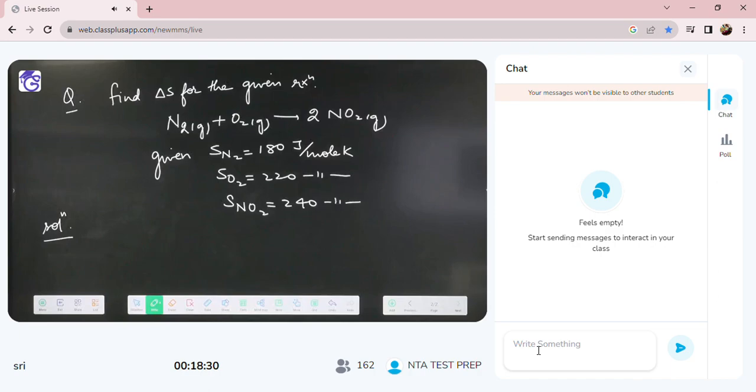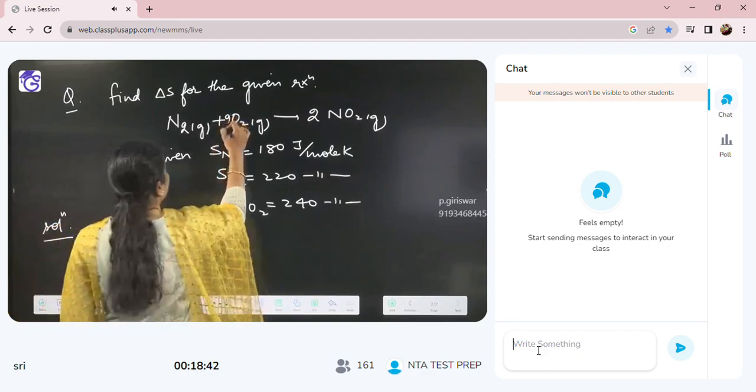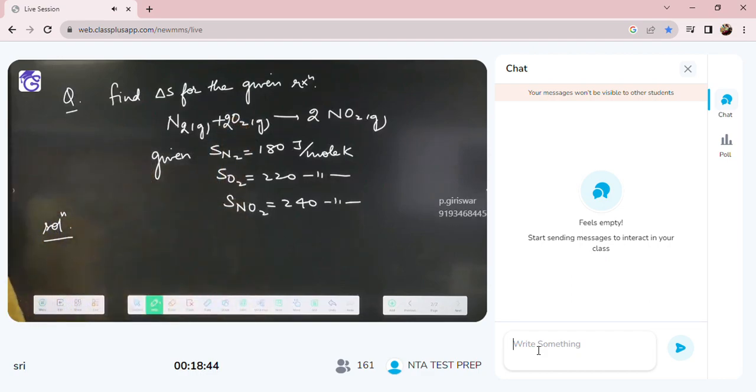Only one person has given the correct answer. In fact, now 3. Likita, is it positive or negative? The value is same, the value is correct. The thing is, I didn't give you a balanced reaction, no? You need to check whether it is balanced or not.